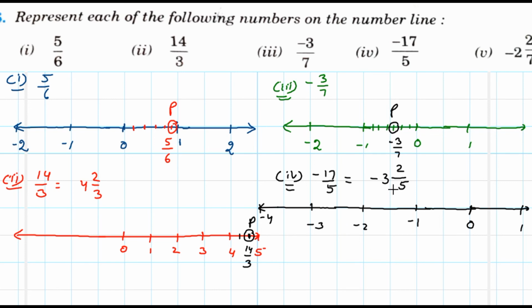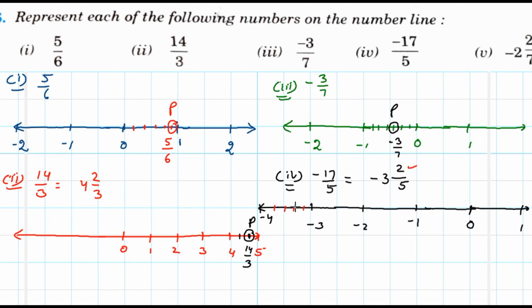So 2 upon 5, so I will make 5 equal divisions beyond 3. So 1, 2, 3, 4 and 5, right? So now I have to take 2 out of these 5.